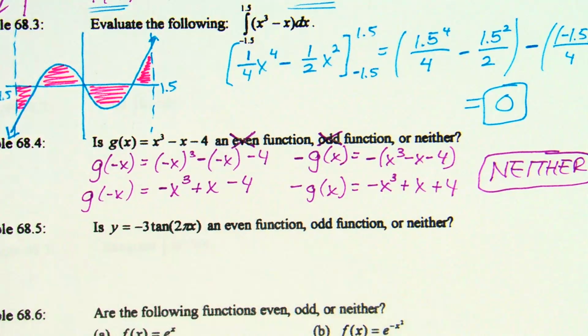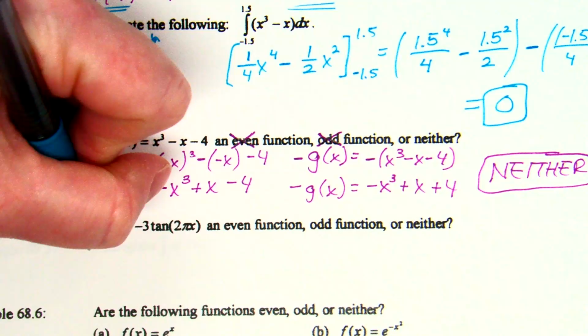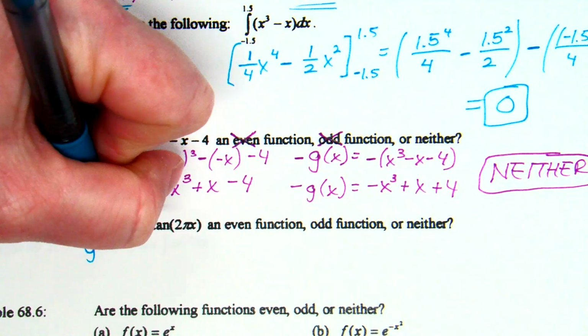Example 5 is y equals negative 3 tangent of 2 pi x, and is it even, odd, or neither? Ready to try it? Okay. Let's talk algebra. First, make it negative x.